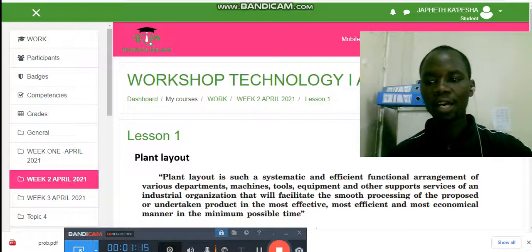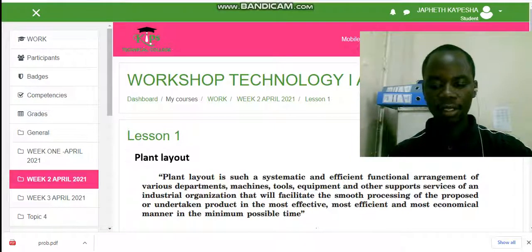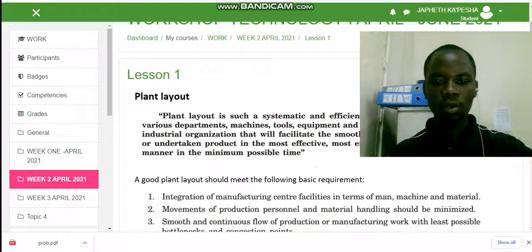So an effective plant layout will reap much of the benefits to the industry because the work layout is well organized. So let's see now the requirements that a good plant layout must meet.